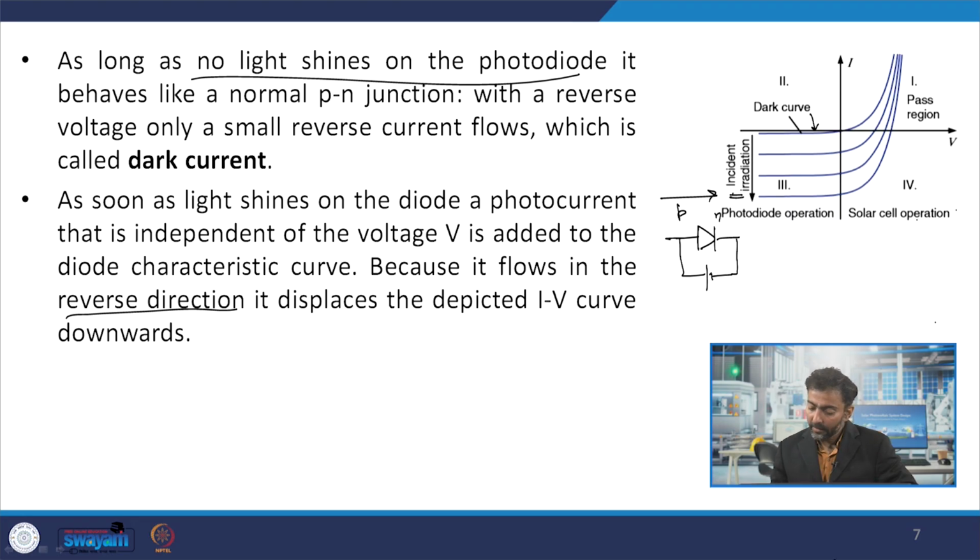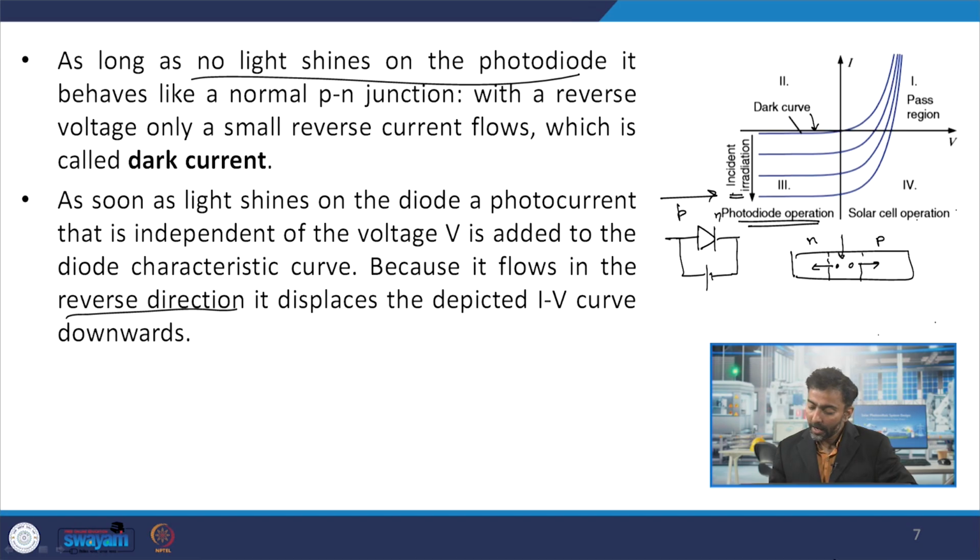However, in the case of photodiode operation, what is happening is that you have your N type and P type semiconductors, and the light is incident here and you are creating an electron and a hole. The electron goes here, the hole goes there.